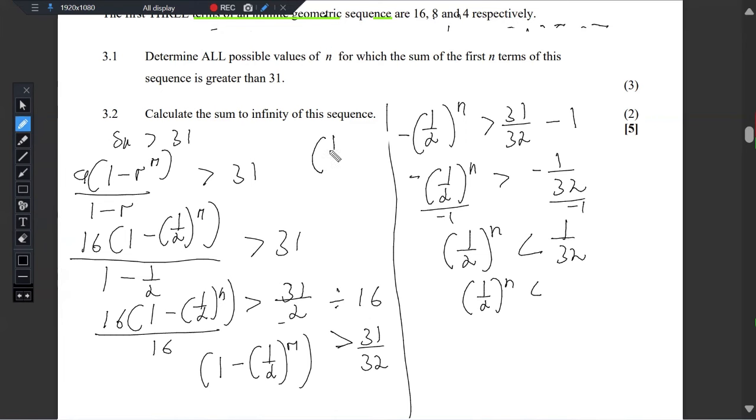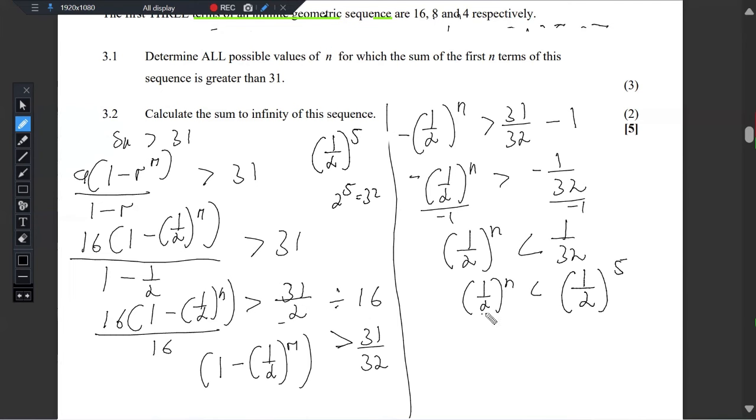That's what I wanted to say. Because if you say 2 to the exponent of 5, that's actually 32. So this becomes 1 over 2 to the exponent of 5. Even if you punch it into your calculator, that's the value that you are going to get there.